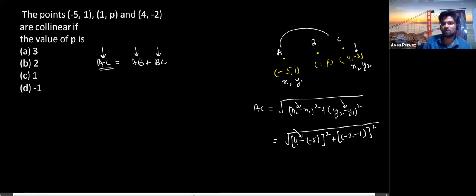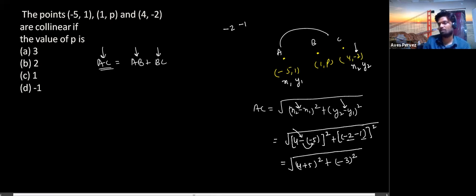So under root of, first this sign will get multiplied with this sign, it will become positive, so we can write here 5 plus 4 whole square plus, and this -2 and -1, get these together, then these two are added, this will give you minus 3 whole square. And 4 plus 5 you will get 9 whole square plus minus 3 whole square. What is minus 3 whole square?